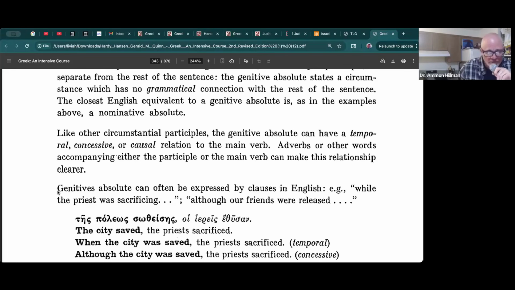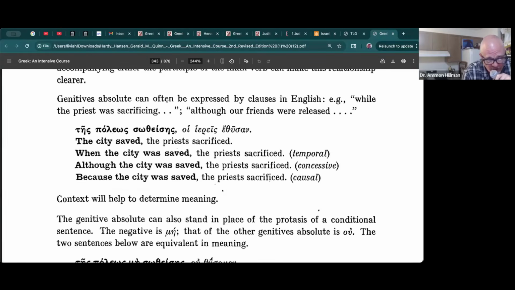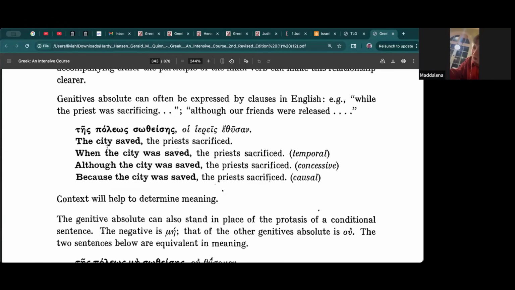Adverbs or other words accompanying the participle or the main verb can make the relationship clear. Genitive absolutes can often be expressed by clauses in English like while the priest was sacrificing, although our friends were released. Look at all the different ways just in English.